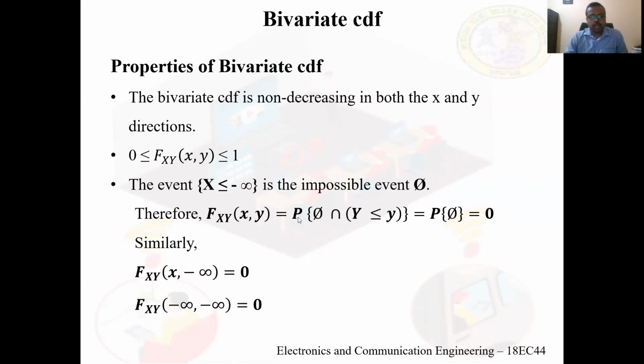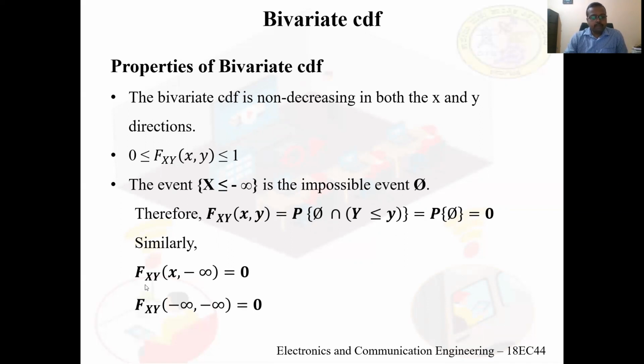F_XY(x, y) is equal to the probability of X less than or equal to minus infinity, an impossible event, so a null set, intersected with Y less than or equal to y. Since it is an intersection, this is evaluated as the probability of the null set, which is equal to 0.